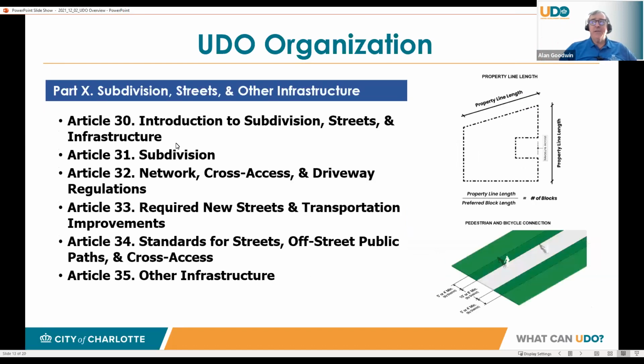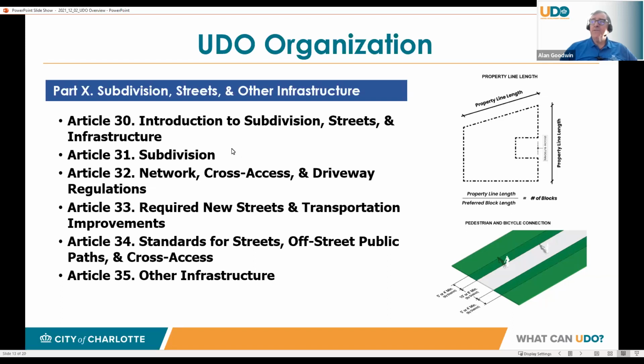Part 10 is subdivision, streets, and other infrastructure, articles 30, 31, 32, 33, 34, and 35. And you can see what's included there. These are some of our street requirements and other infrastructure. There will be some new concepts as you dig into the details of some of those.